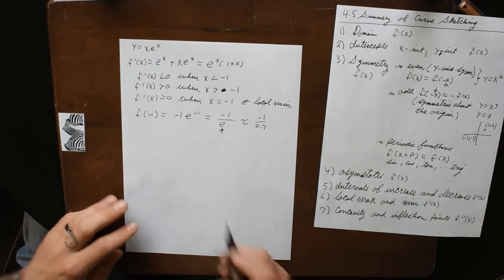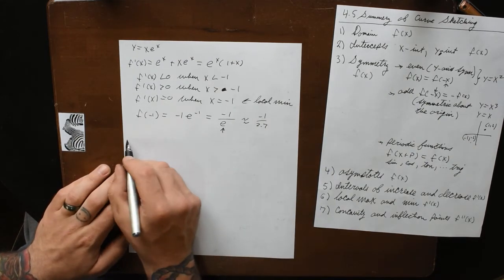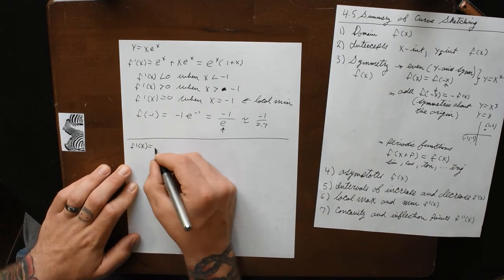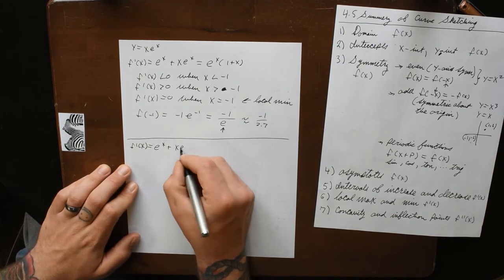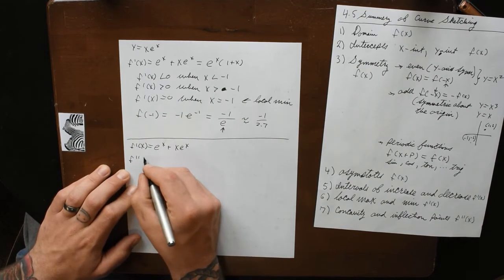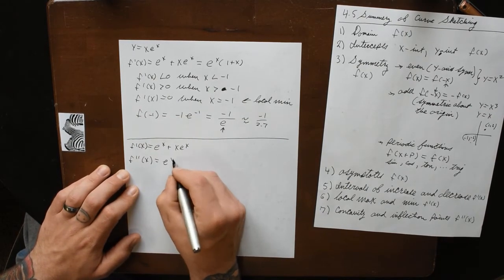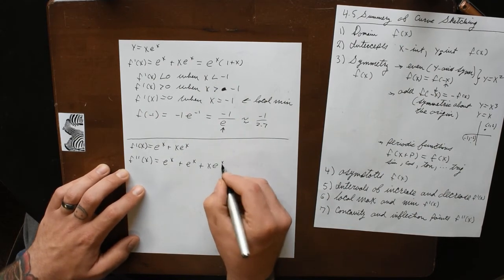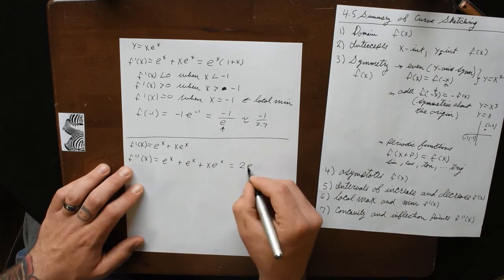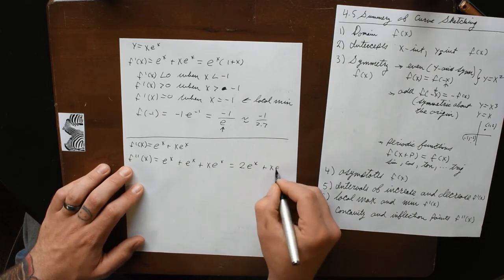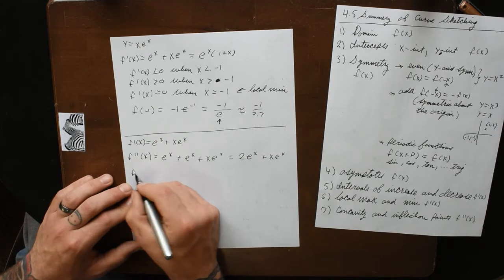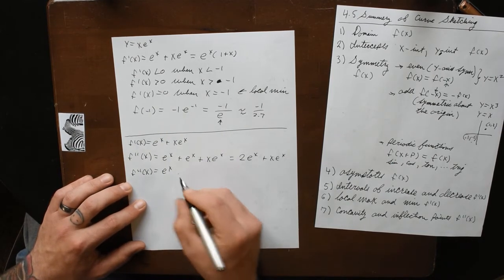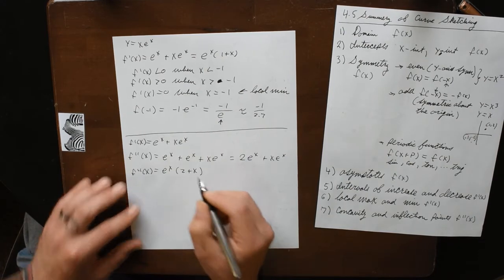Now we have concavity and inflection points. So if f prime of x is equal to e to the x plus x e to the x, f double prime of x is equal to e to the x plus derivative of our first times our second plus our first times derivative of our second, 2e to the x's plus an xe to the x, which for the sake of argument is going to be equal to e to the x times 2 plus x.